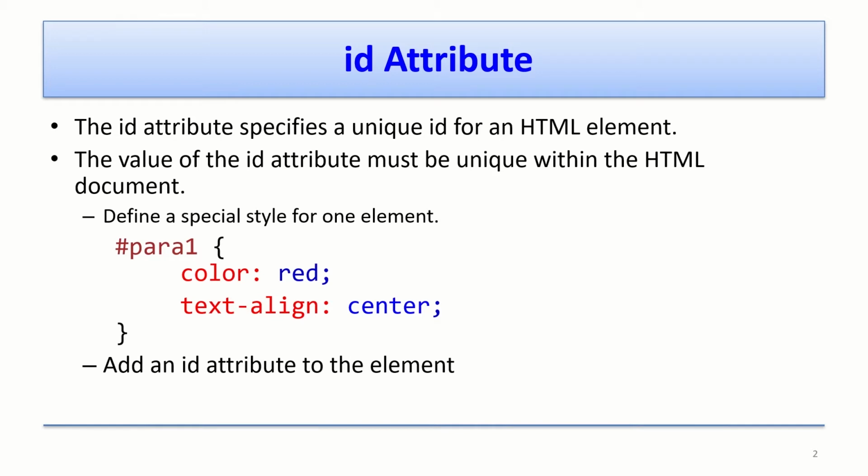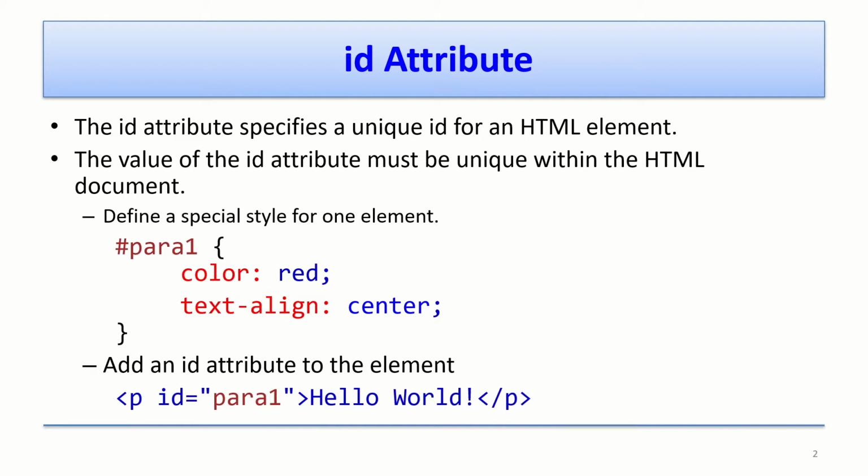Let's see how to add this ID attribute into the HTML element. Here we use the p tag, or paragraph element. Inside the paragraph element, we can add the ID as an attribute.